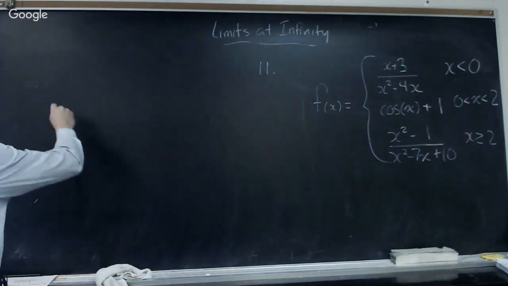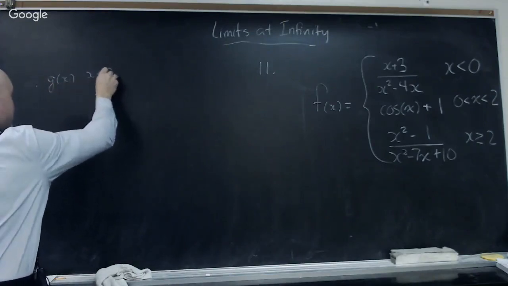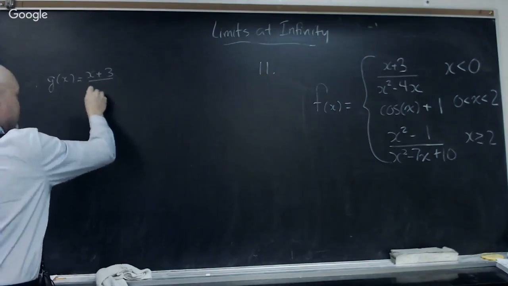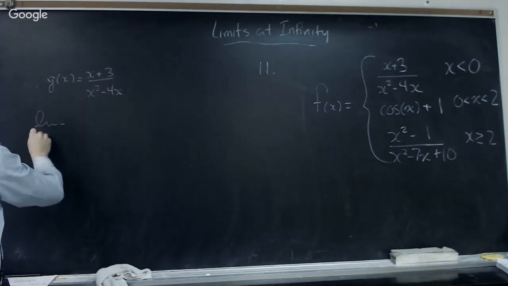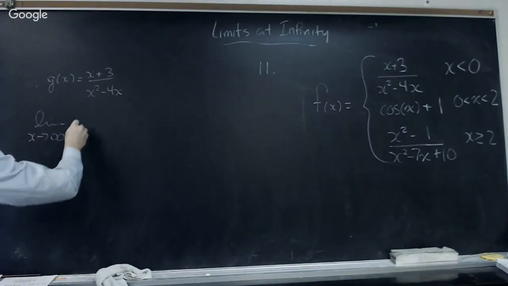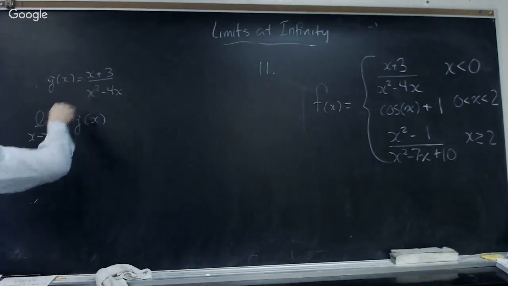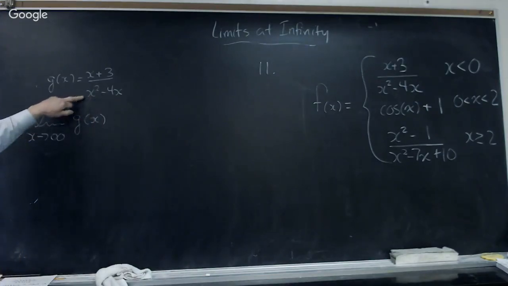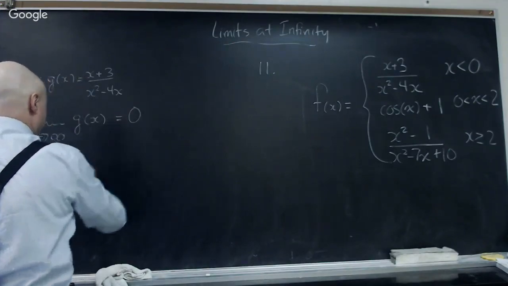So let's look at x plus 3 over x squared minus 4x, and the limit as x goes to positive or negative infinity of this function. I can see the degree of the bottom is greater than the degree of the top, and so it's going to head for 0.